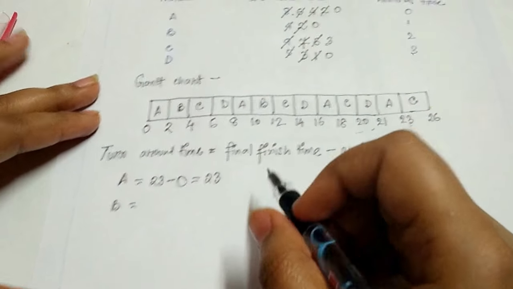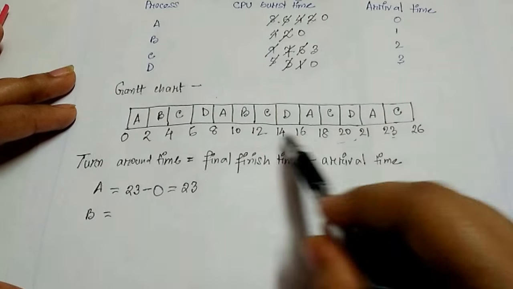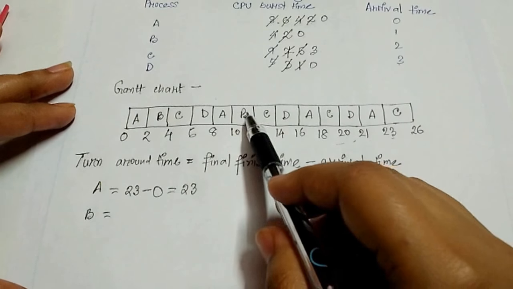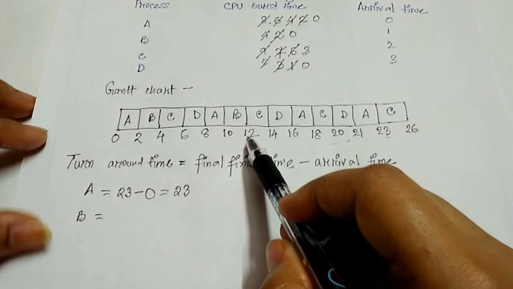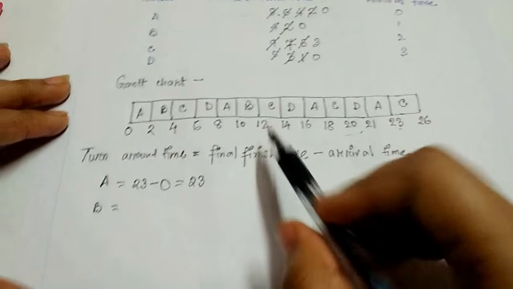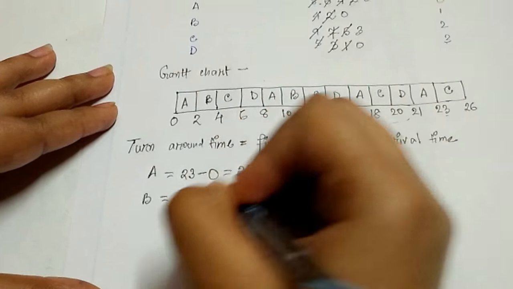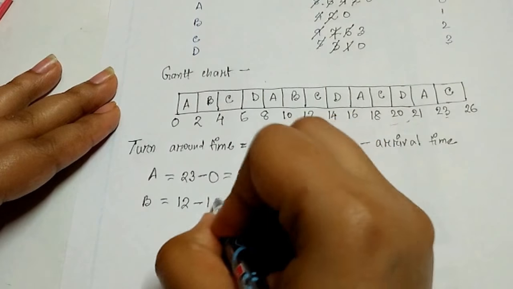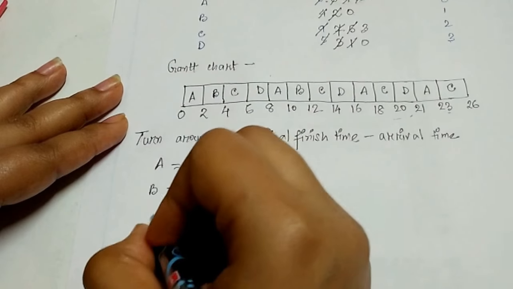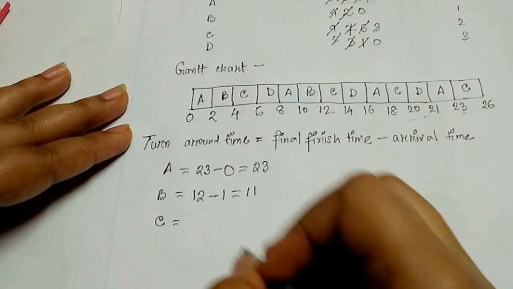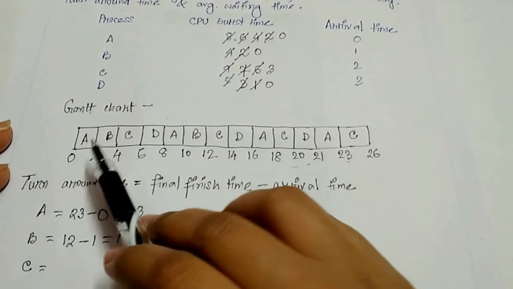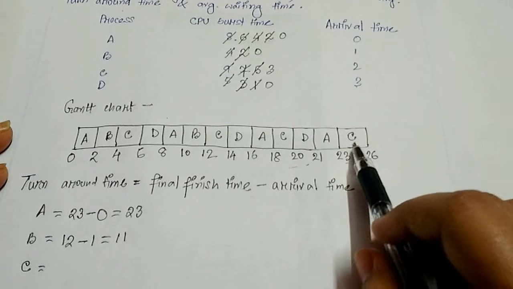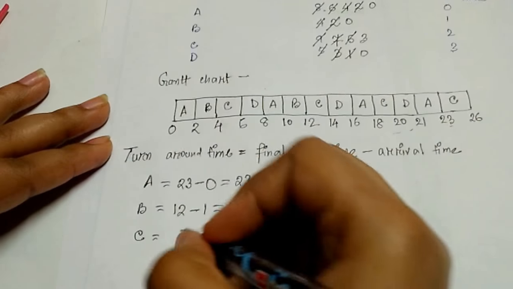For process B, we should check where the final finish time of B is, that is 12. 12 minus the arrival time 1, that is 11. Now comes C. For C, the final finish time is 26.